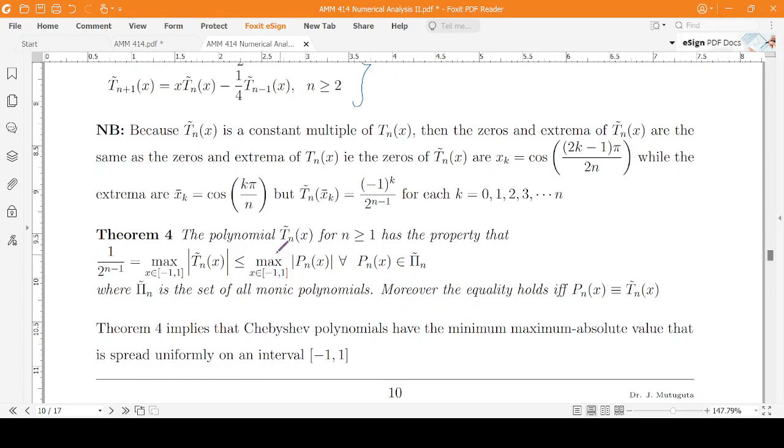And the equality sign here will hold only when Pn of x is equal to the Chebyshev monic polynomial. Now, this theorem implies that the Chebyshev monic polynomials have the minimum maximum absolute value that is spread uniformly on the interval -1 to 1.